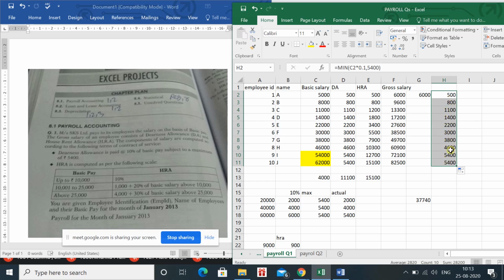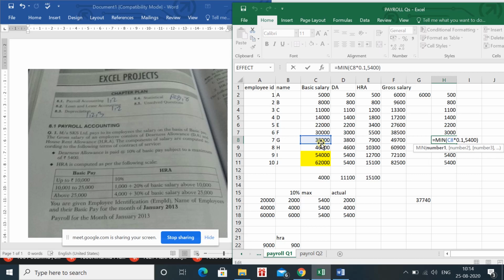This formula will be applied in all these cells, and you can see that the formula which I have applied in the first case, the first employee, employee A, it has taken 10% of C2, but when I drag it, it is automatically taking C8 for employee G. Why?